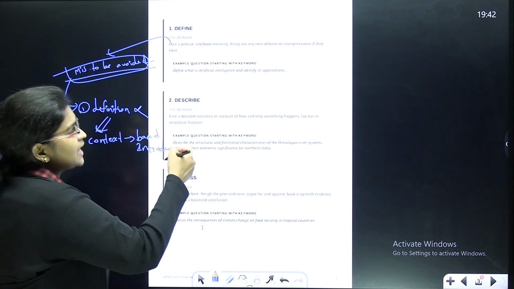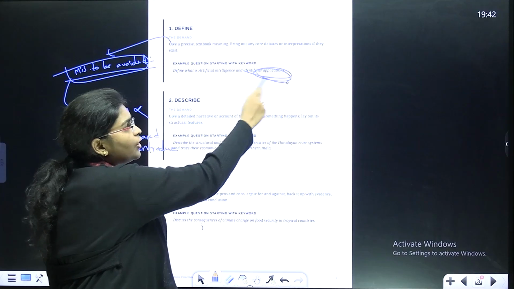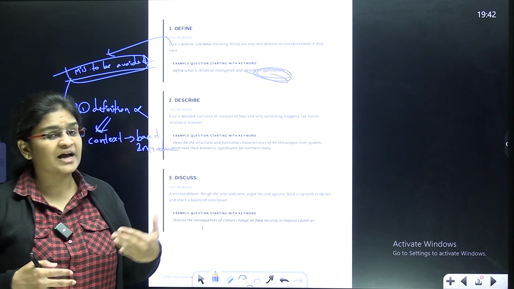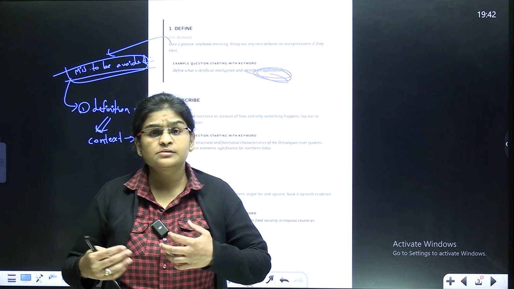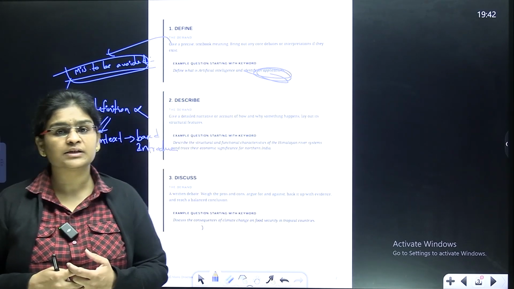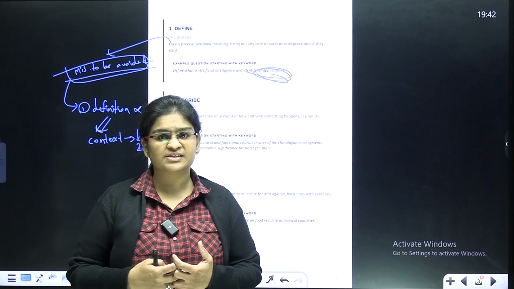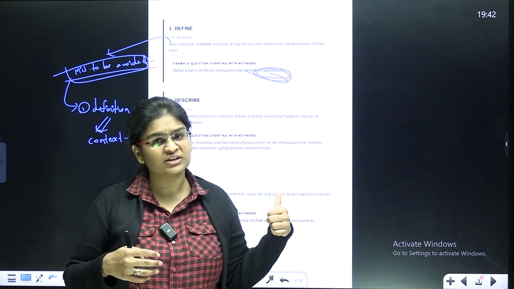Here it is asking about the applications of AI. Since AI usage has been booming day by day, it is being applied in various sectors where there is a possibility of increasing efficiency and effectiveness by using AI.